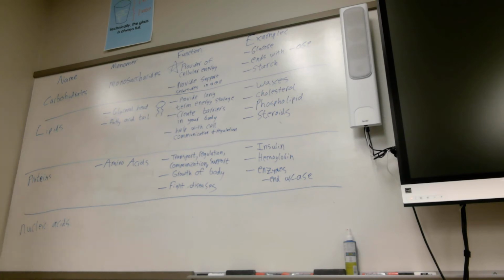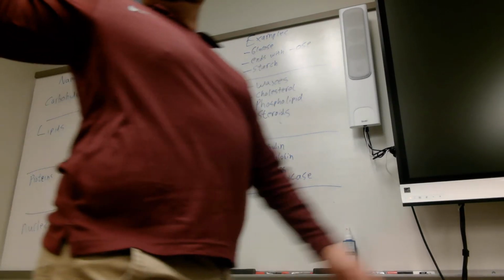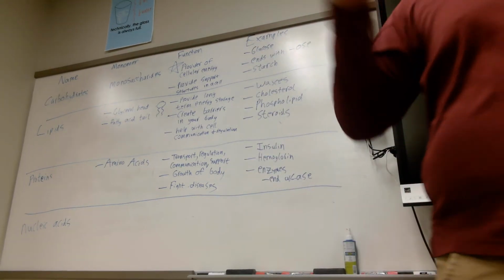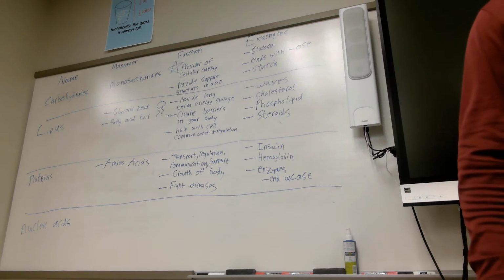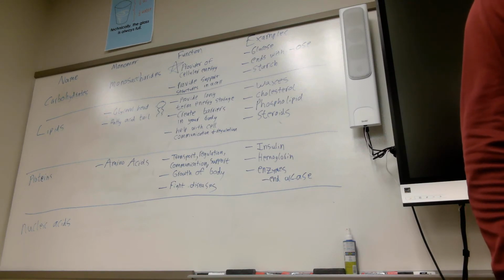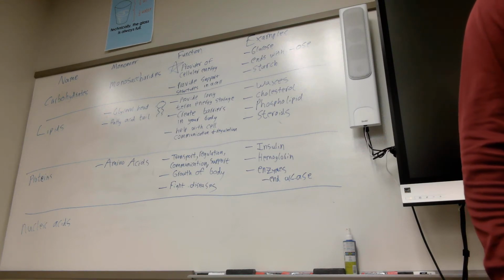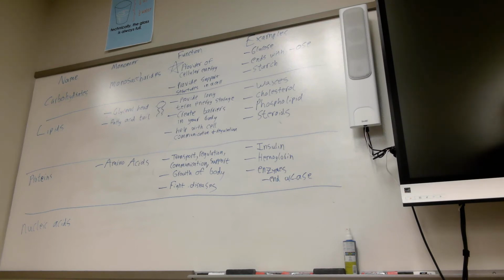There's two types of nucleic acids in the whole world, only two examples I can even throw up here. Can anybody tell me what they might be? I know you guys have heard of at least one of these before. You should have learned about it in 7th grade.